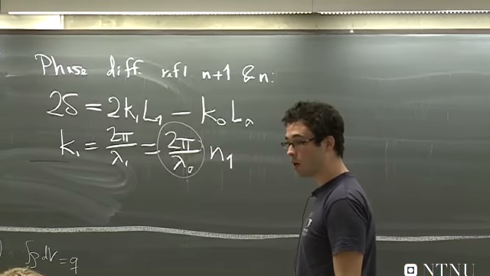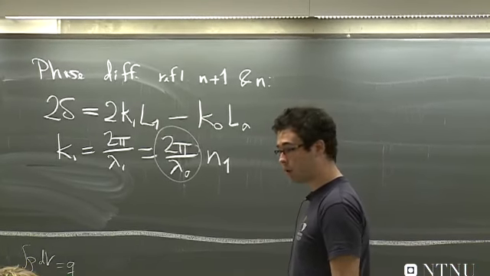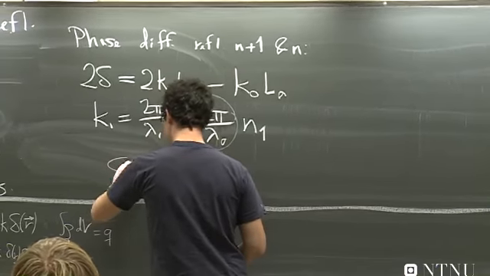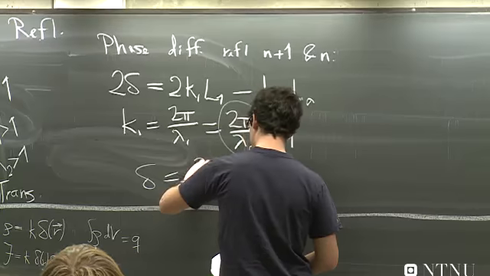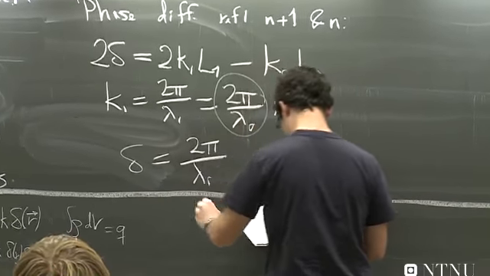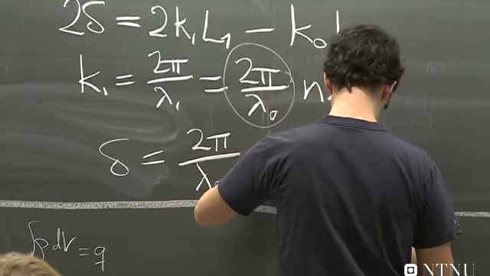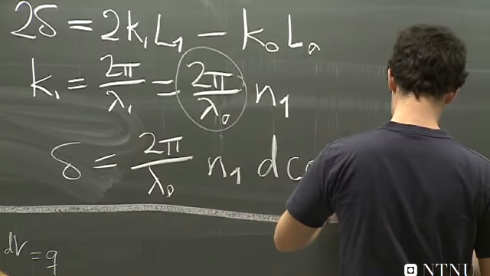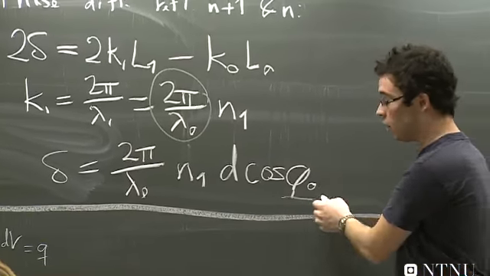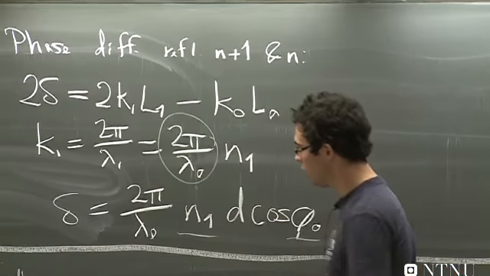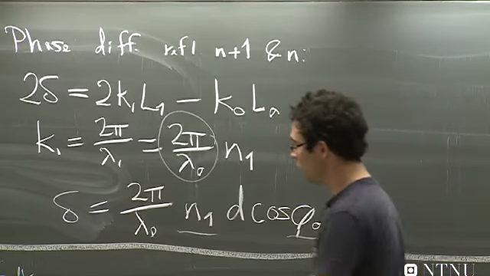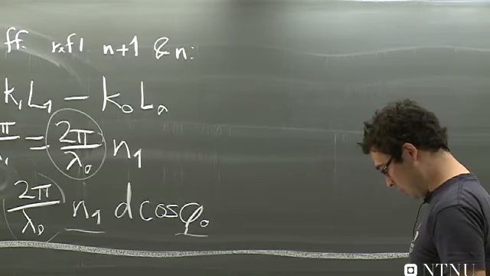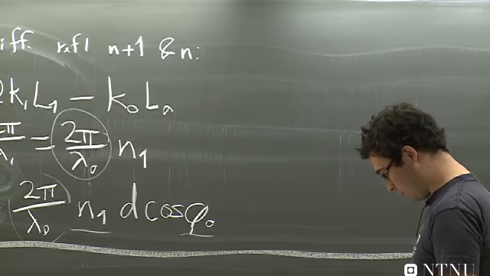It's also in the compendium on this topic that I put on the homepage, so you should be able to find it there. And in the end, delta can be shown to be 2 pi over lambda naught n1 d cos phi naught. So phi naught is the angle of incidence, n1 the refractive index of the film, and 2 pi over lambda naught is a constant, which is the vacuum wave number. So that's not too hard to show.